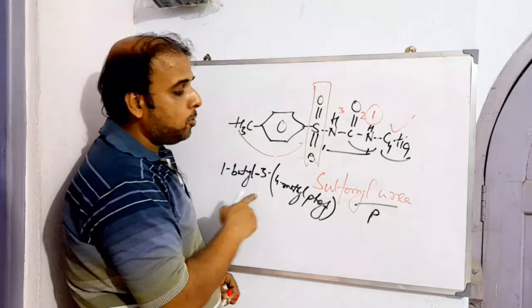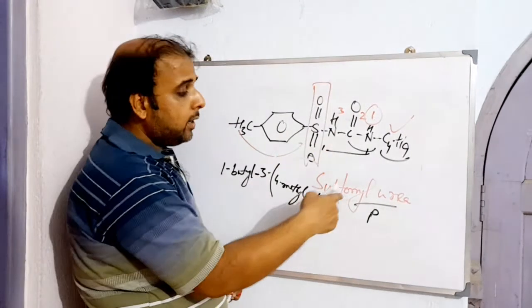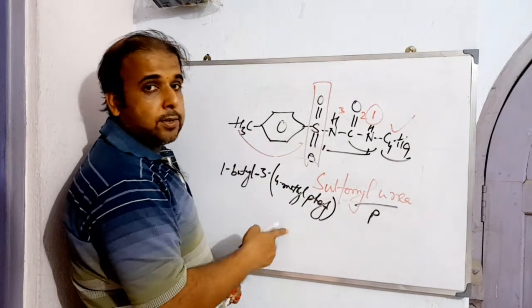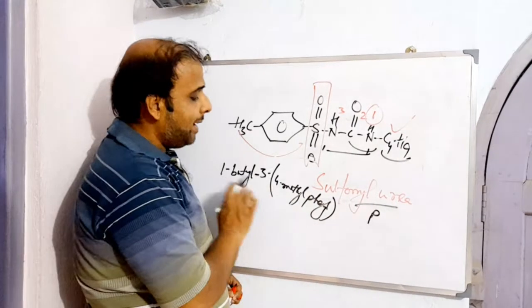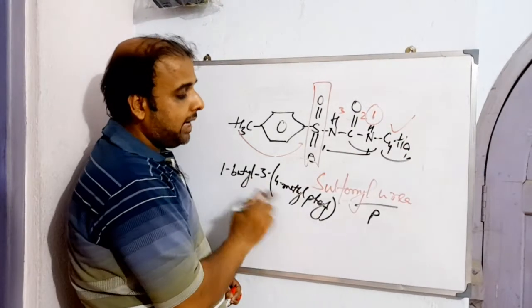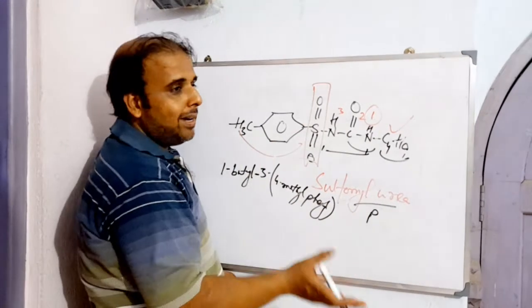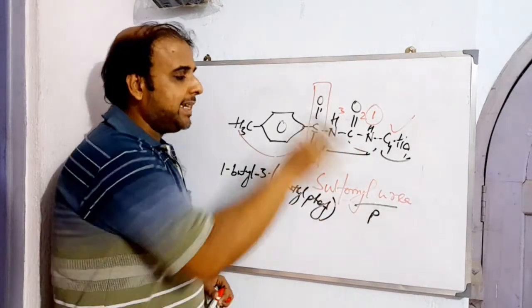So this is the third nitrogen holding sulfonyl, and to that sulfonyl the 4-methylphenyl, or para-tolyl, is attached. So as a whole, this is how the IUPAC naming goes: 1-butyl-3-(4-methylphenyl)sulfonylurea. This is the sulfonyl and this one is urea. That's all. So this is how the IUPAC name stands.